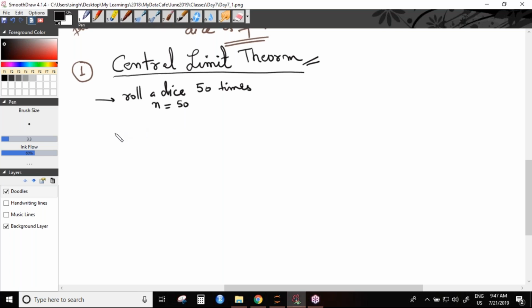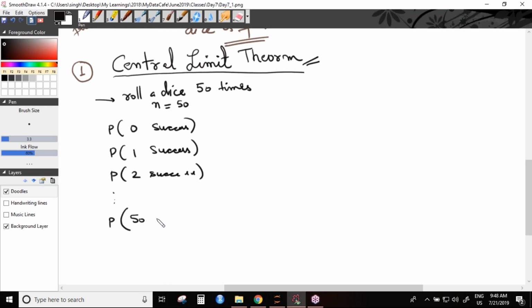Then let's say I calculate the probability of 0 successes, the probability of 1 success, the probability of 2 successes, and all the way till the probability of 50 successes. And what is a success? Success means getting a 6.